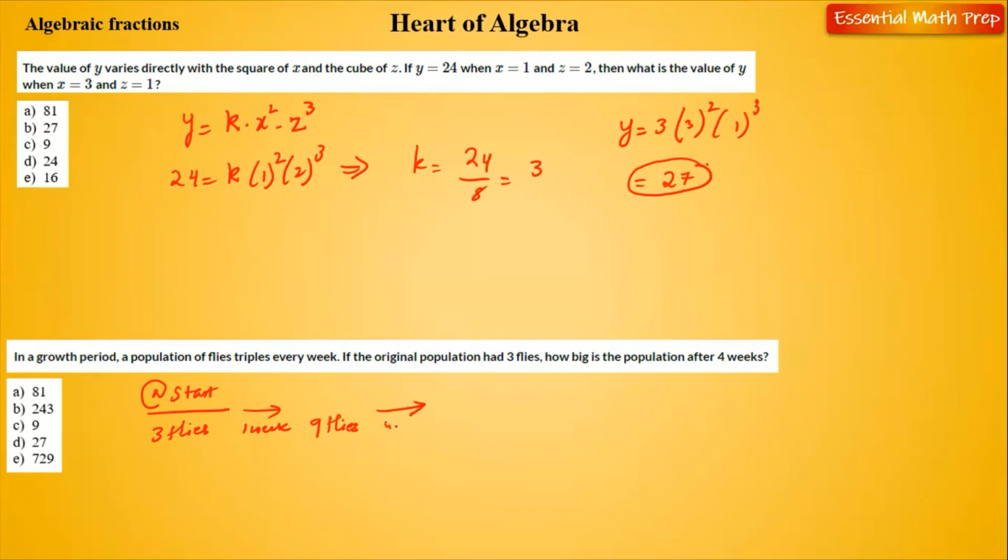So at the end of week 2, you'll multiply by 3 again, which would be 27 flies. And again, at the end of week 3, it'll be 27 times 3, which is 81 flies.